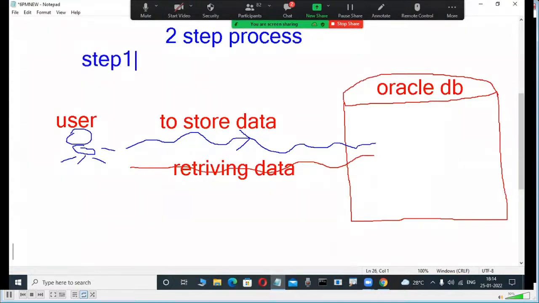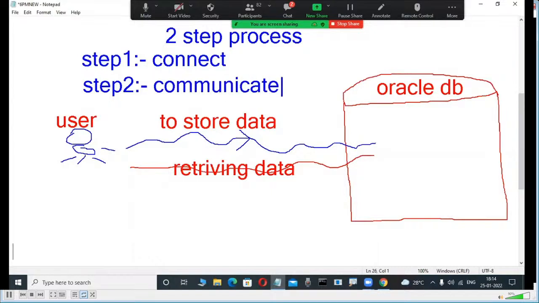I am drawing the diagram today, so don't just write it. First, that user connects to the database. Then, once the user is connected to the database, the user can communicate with the database.